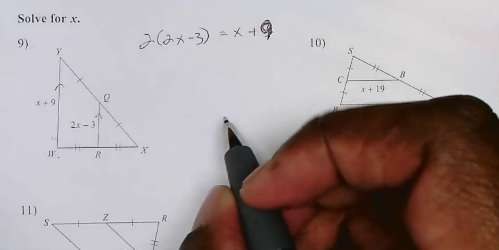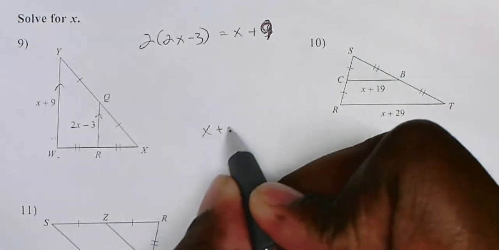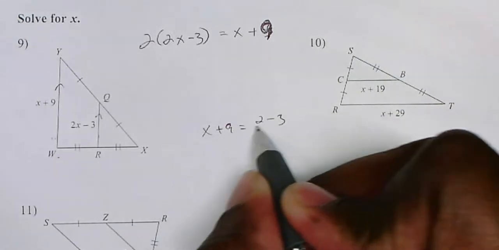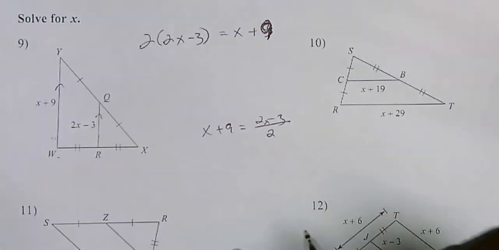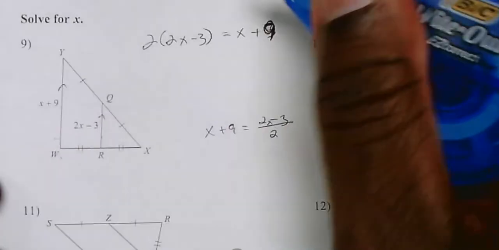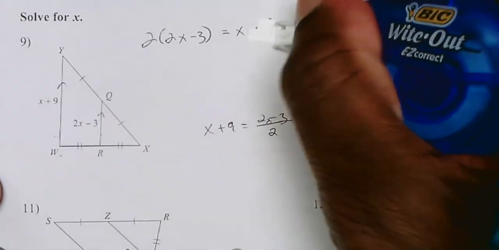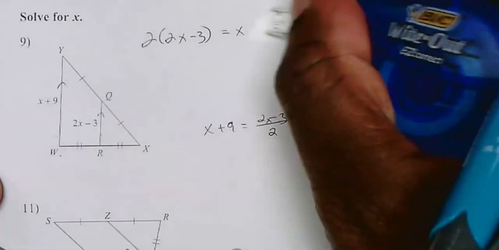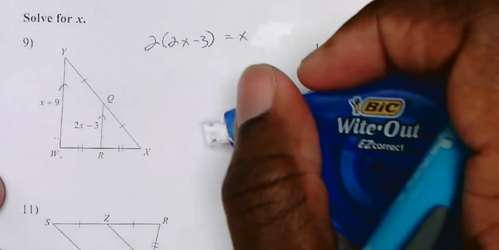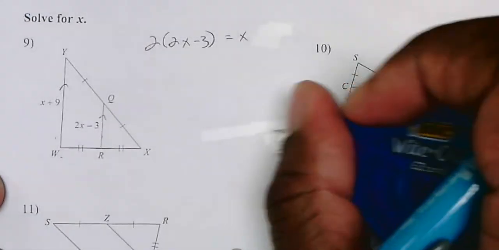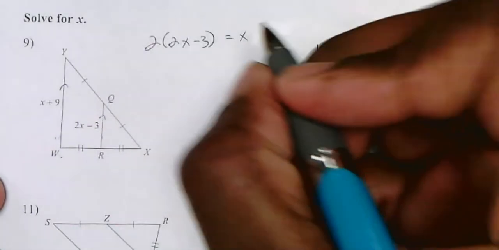Or you could have said x plus 9 equals 2x subtract 3 divided by 2. Most people are not crazy about fractions. So you might want to just multiply one of the sides by 2. Instead of using this one, you might like the first equation better. And this is x plus 9.